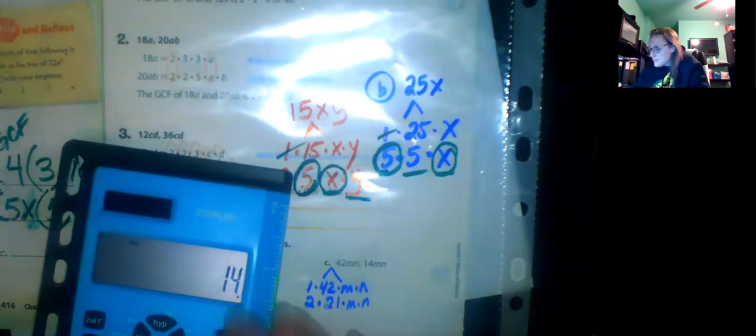So if you go 42 divided by 3, it goes in nicely, right? 3 times 14 m n. Okay, 42 divided by 4.